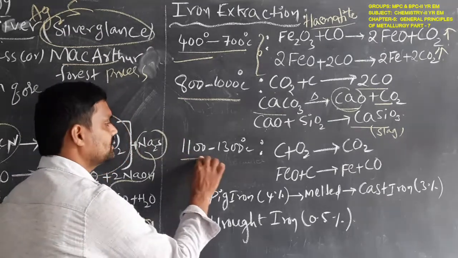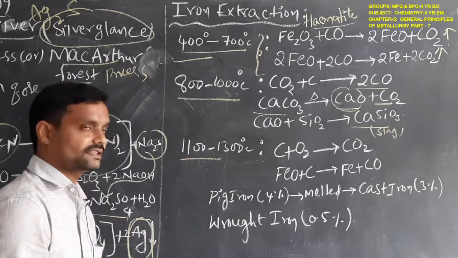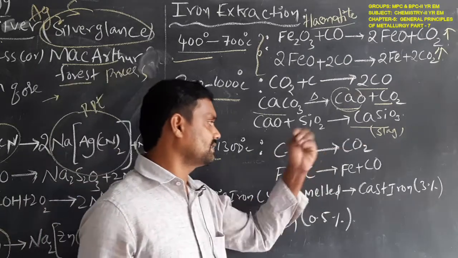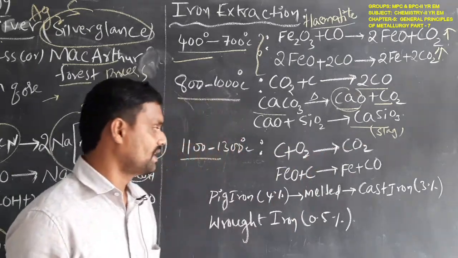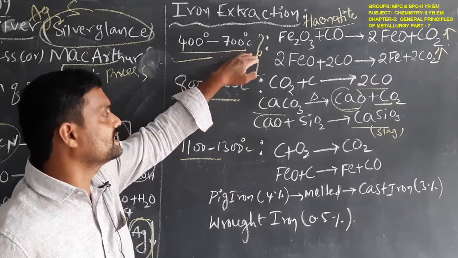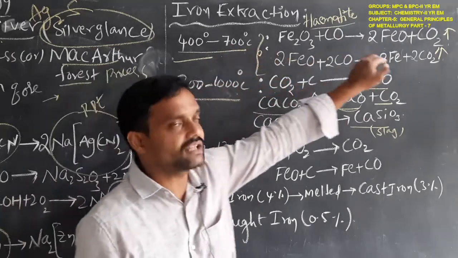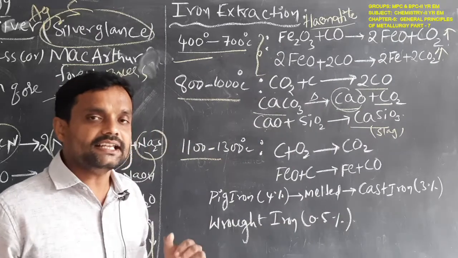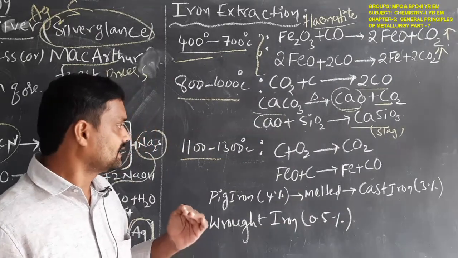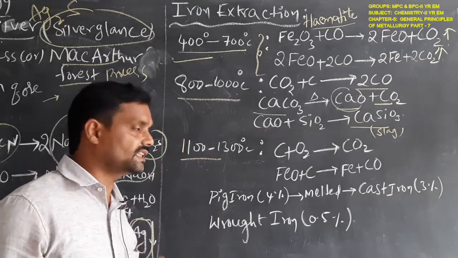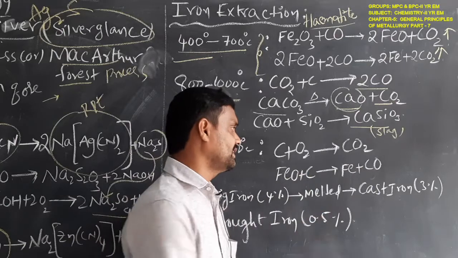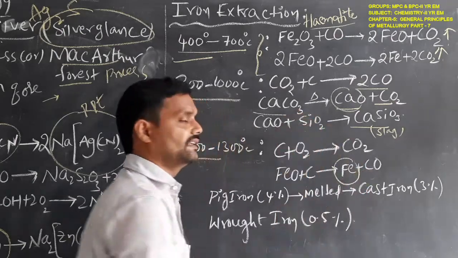And at 1100 to 1300 degrees Celsius, the remaining coke reacts with oxygen and is converted to carbon dioxide. If any iron oxide remains, that iron oxide at 1100 to 1300 degrees Celsius reacts with the coke and is finally converted to iron.